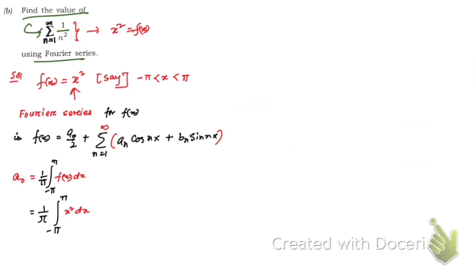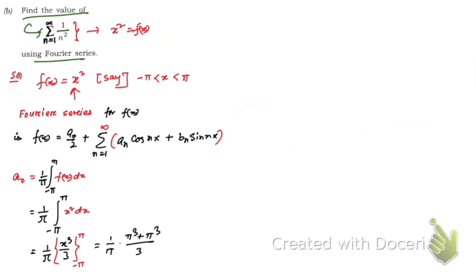So if you integrate this, what are you going to get? That will be equal to 1 by pi times x cubed by 3 from minus pi to plus pi. Put the upper and lower limits, then you will get 1 by pi into pi cube plus pi cube by 3.